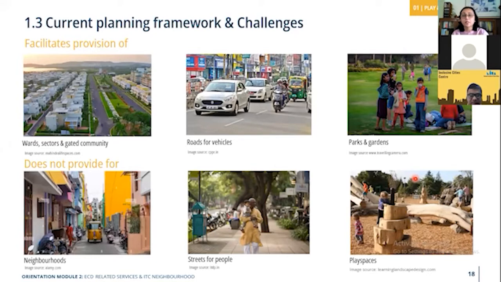However, if you are saying that you want to create an ITCN, infant toddler caregiver neighborhood, that is safe for young children, we need to look into designing some of the streets that are people friendly and not vehicle friendly, right? And designing the play spaces which are for very young children.